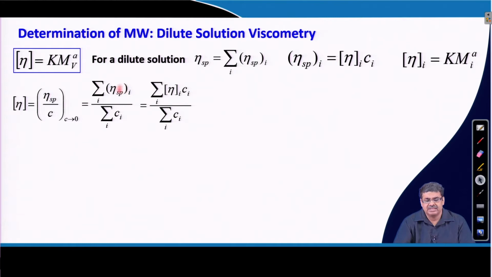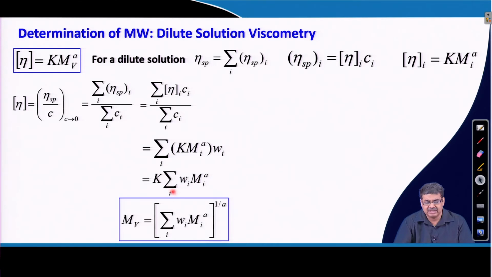We can replace this with this term, and this with this term, and Ci by summation of Ci is the weight fraction of individual chains. Hence, this is a constant, and we can take it out of the summation. If we compare this expression with this expression, we can say that Mv is given by this expression.